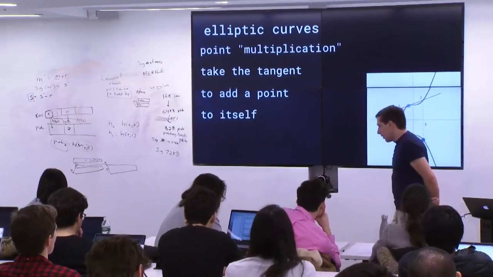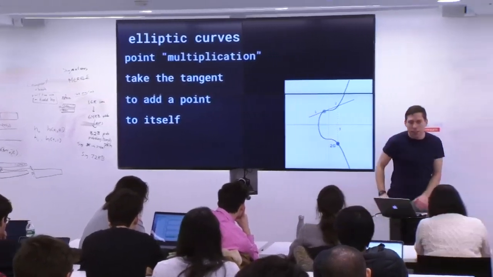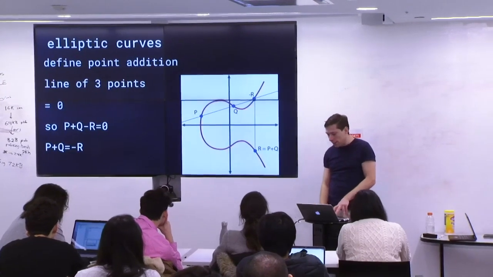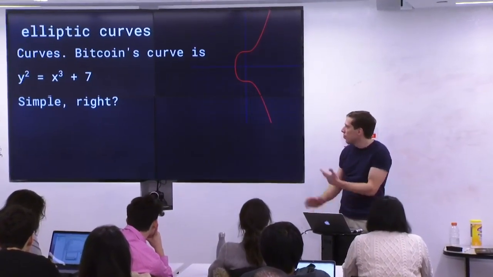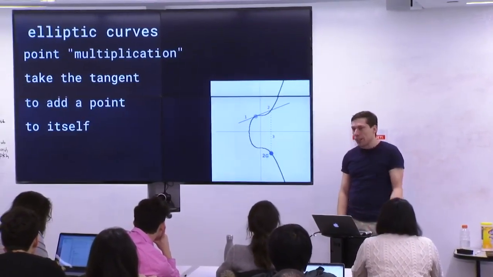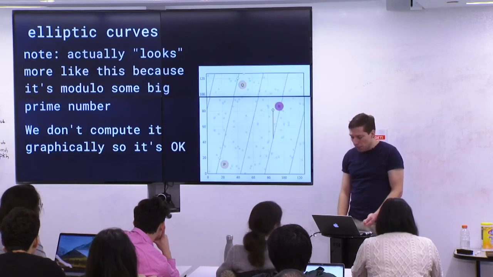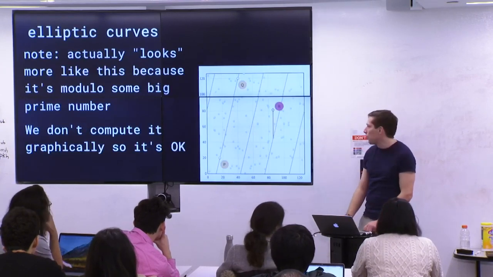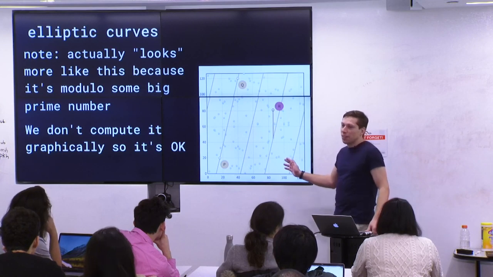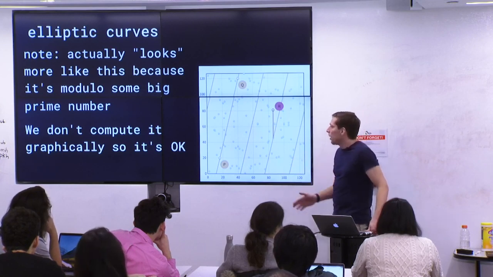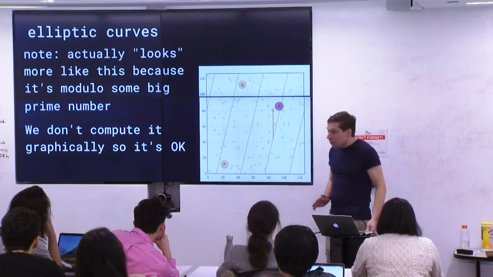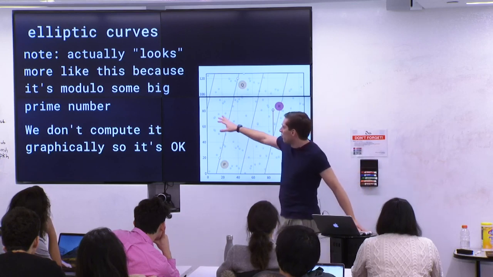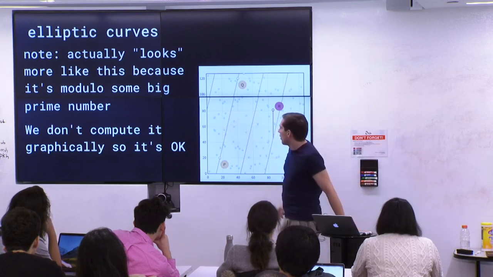Yeah. The pictures look nice in this case, right? It's like, hey, this is this curve, and it looks so simple. And we can graphically do it on graph paper. But when you're actually doing it on the computer, it looks more like this. Everything is modulo some giant prime number. You could still draw lines, it's just that the curve is now all these crazy looking dots.